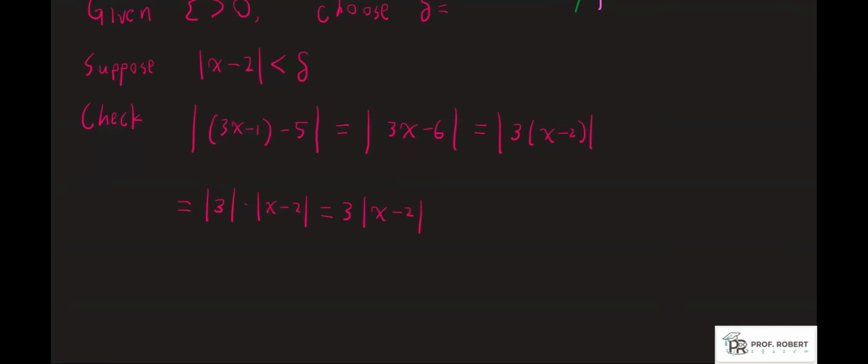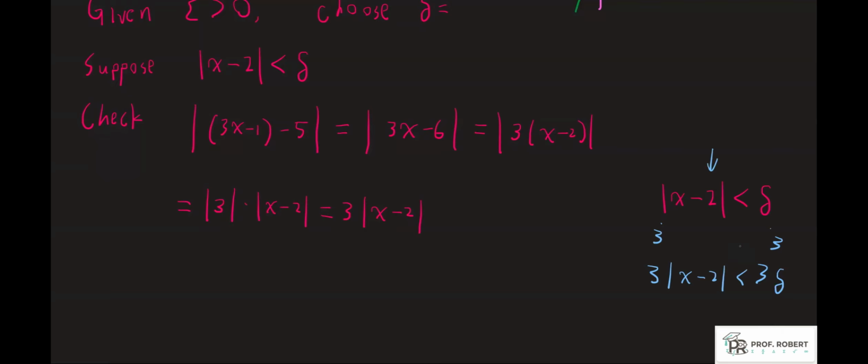Now here's a very interesting step. I have 3 times x minus 2. Now, one thing we know about x minus 2 is that the absolute value of x minus 2 is less than delta. So if I take this inequality that I assumed in the previous step, and multiply 3 on both sides, then essentially I get 3 times the absolute value of x minus 2 is less than 3 delta.